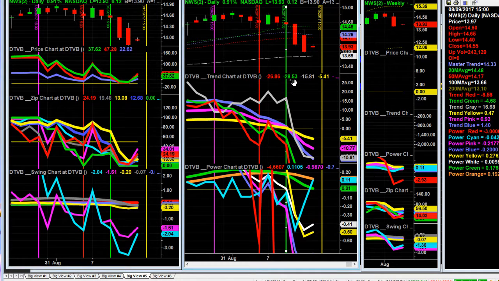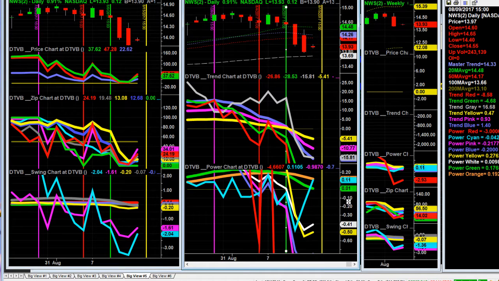Also in this situation we see that red and green are both under 0, but more importantly they're both under the trio lines. So there is a divergence between location on the trio, on the trend gray versus the red and green, and as well a directional difference, meaning trend gray is up and trend green and red are down.